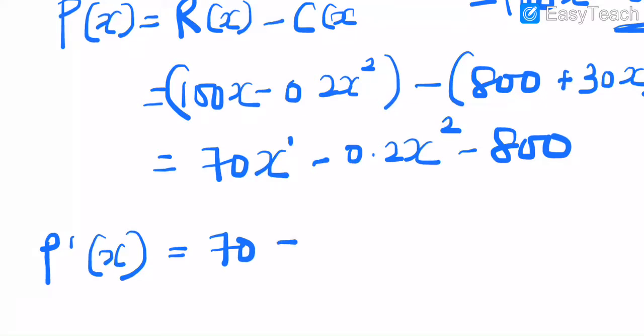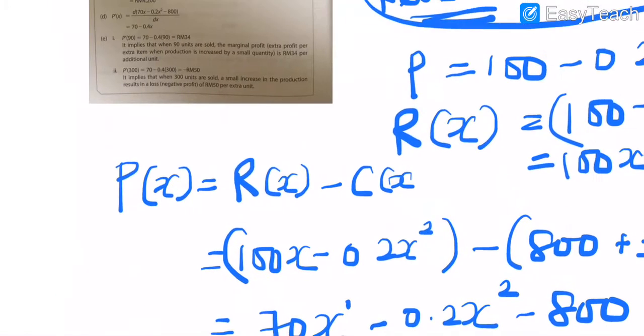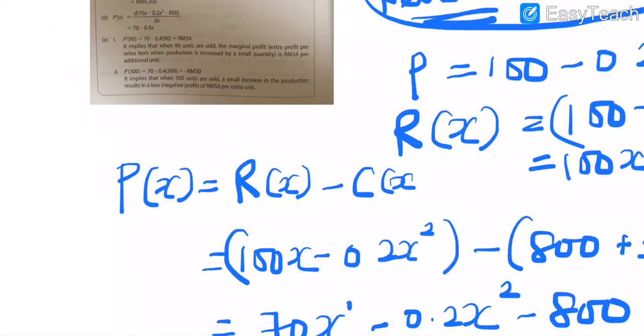Minus 2 times 0.2 is 0.4, x to the power of 2 minus 1 is 1, and normally we don't write a 1 here. Minus 800, there is no x here, so you cannot differentiate. So this is your marginal profit function.